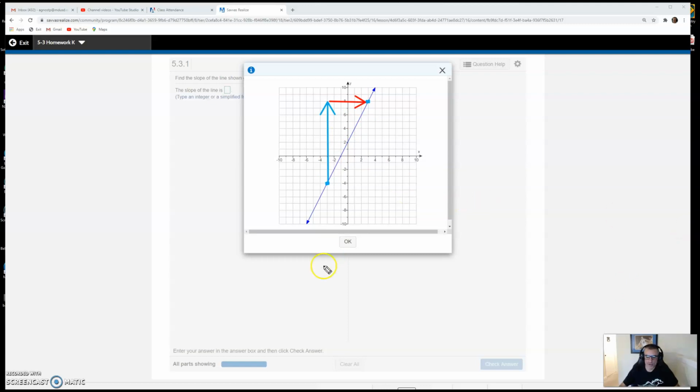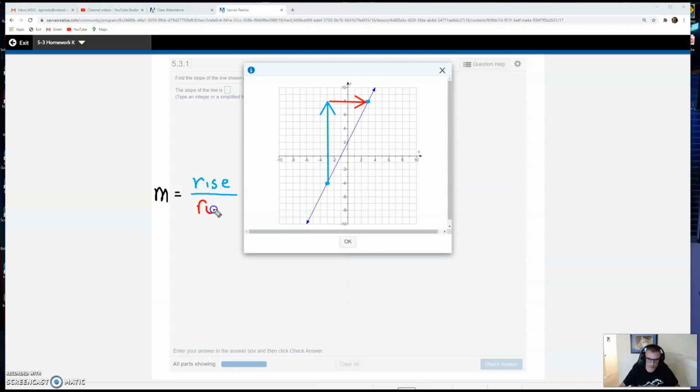Now, slope, we always use the variable m. Don't ask me why, but we always use m. And we say that slope is equal to the amount we go up, the blue arrow here. We call that the rise, divided by the amount we move to the right.